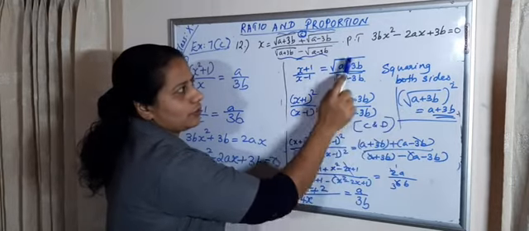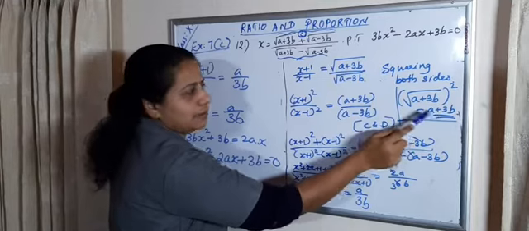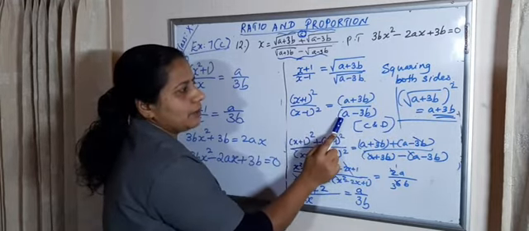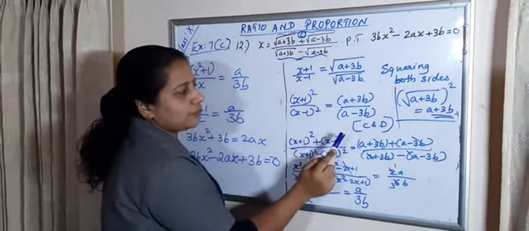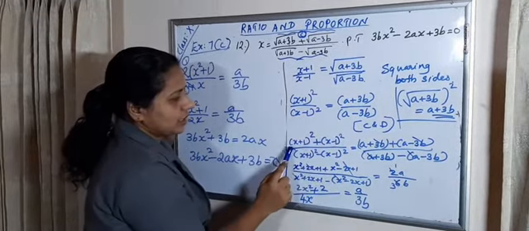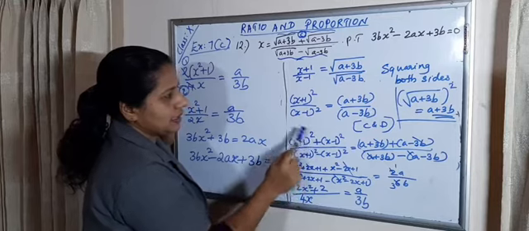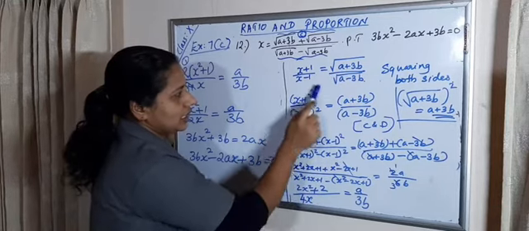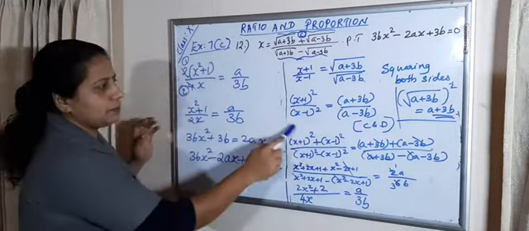by root of a minus 3b whole square. What is root of a plus 3b whole square? It is equal to a plus 3b. So a plus 3b by a minus 3b. Now you apply componendo dividendo. Okay. That is equal to x plus 1 whole square plus, this is a and this is b.